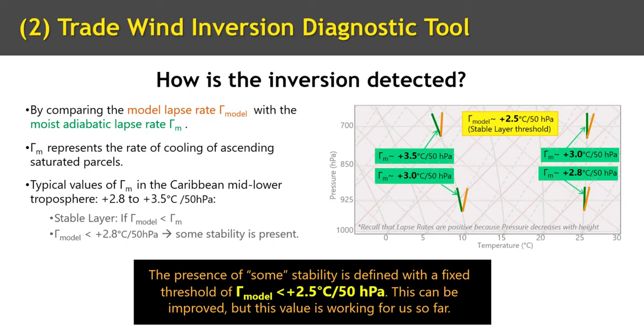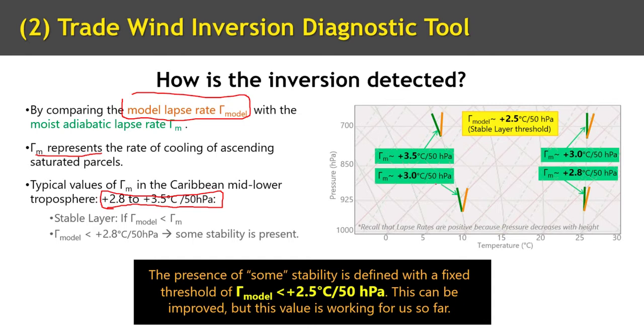So how is inversion detected? The inversion is detected by comparing the model lapse rate, whatever the model is producing for a given point, with the moist adiabatic lapse rate. The moist adiabatic lapse rate represents the rate of cooling of ascending saturated parcels. For the Caribbean basin, this is usually the range for the moist adiabatic lapse rate for the mid and lower troposphere: approximately 2.8 to 3.5 Celsius every 50 hectopascals.